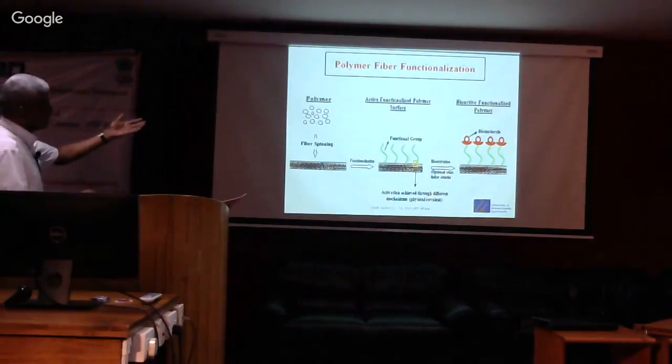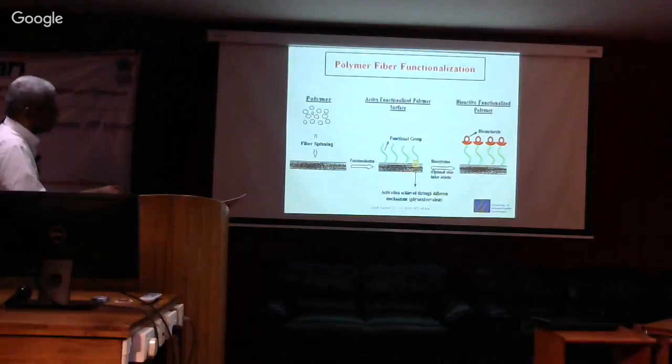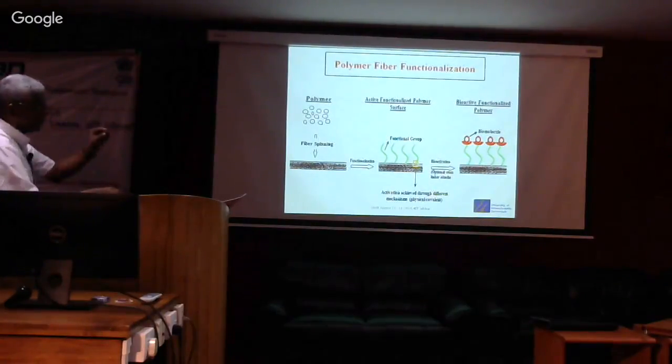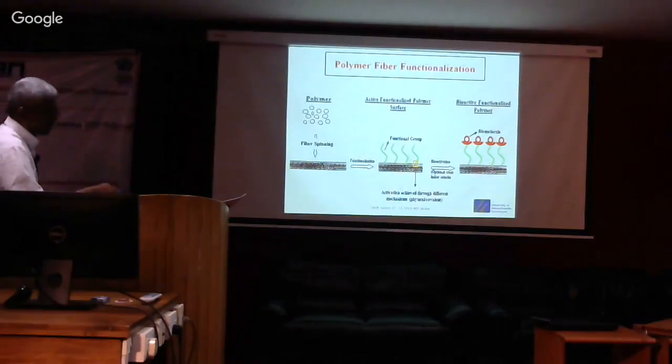Because this is very easily accessible, we can now put a biomolecule or whatever heavy metal we are removing. So the process is not at this surface, but a few nanometers above. That's all I would like you to keep in mind.